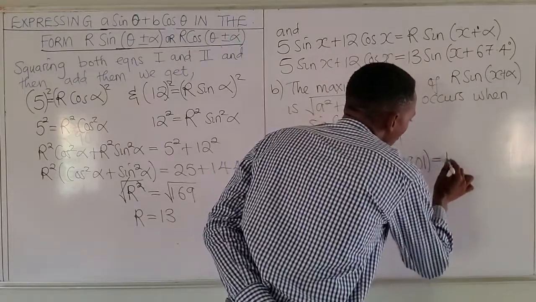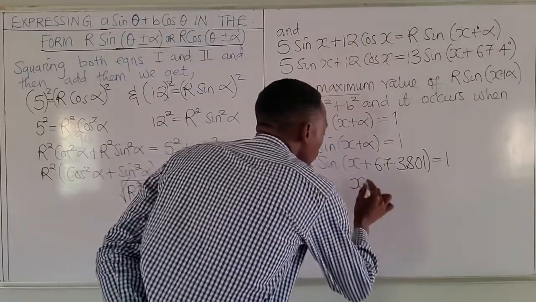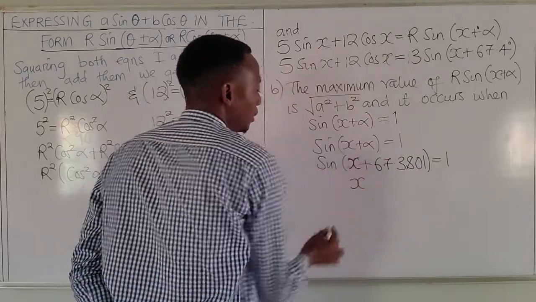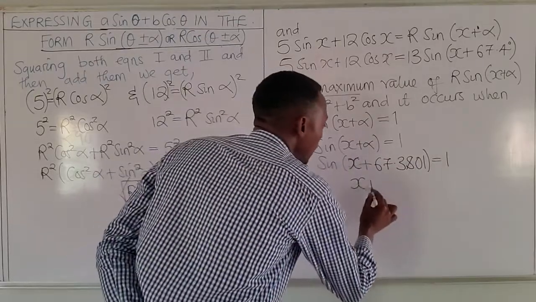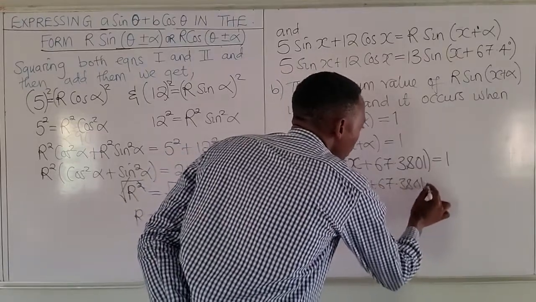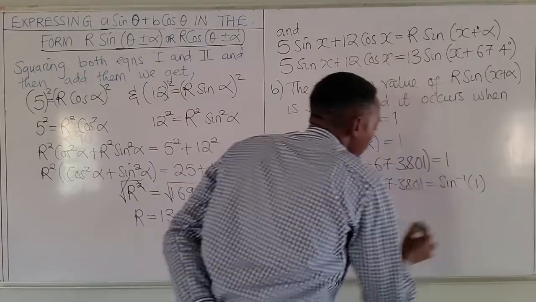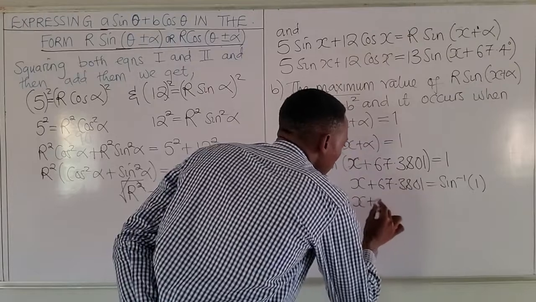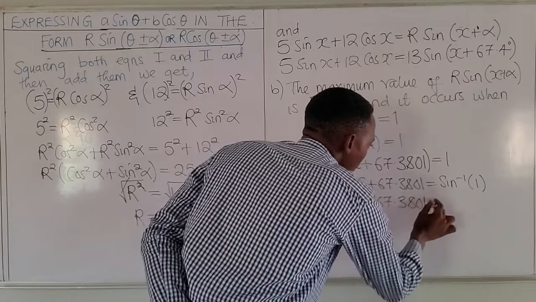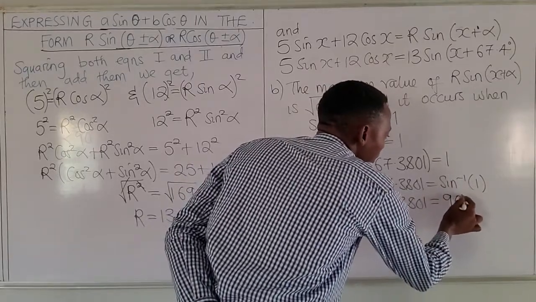So sine of x plus 67.3801 must be equal to 1. We are going to solve this as a trigonometric equation: x plus 67.3801 is equal to sine inverse of 1, and sine inverse of 1 is 90 degrees.